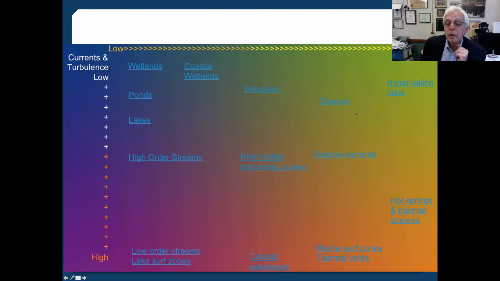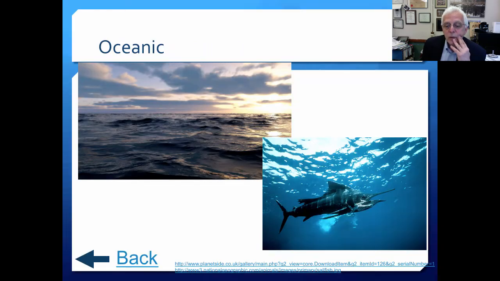And now we're getting up into the oceanic zone, where the water is of a salinity level that's very close, that is actually what we call thalassohaline, that it's the same salinity as the sea. So here we have the oceanic zone, which is relatively calm underneath the water.